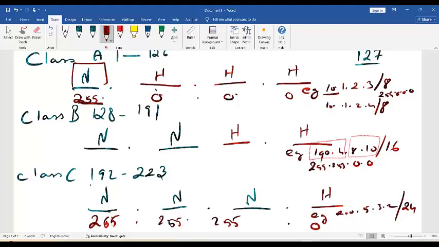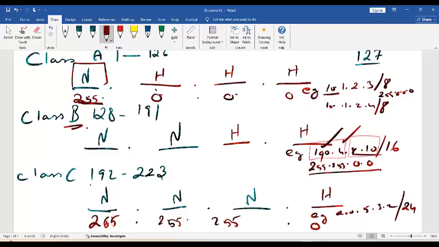Subnet mask is nothing but the number of bits that are given for network. It is telling us that in that above address, these two are network portion, these two are host portion when you see this mask.